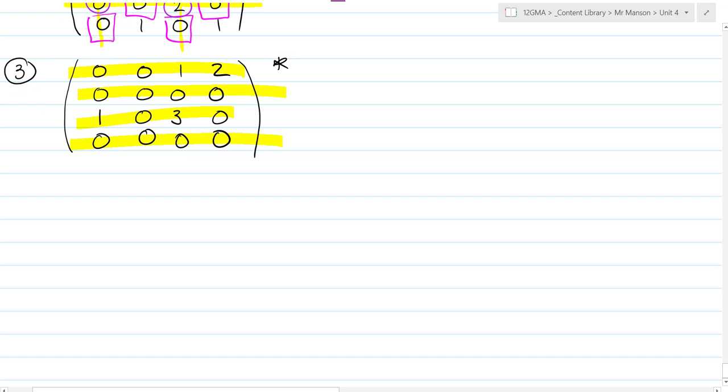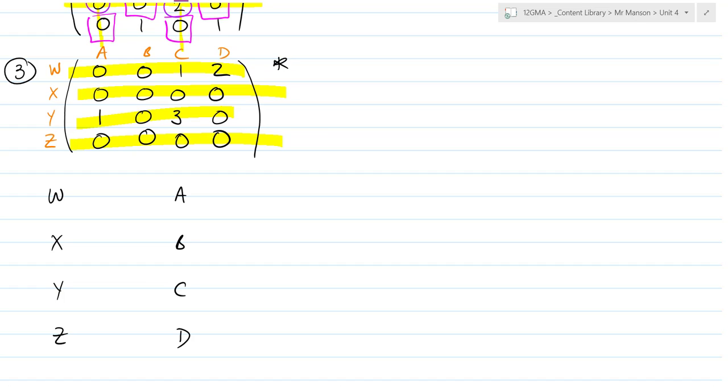And now I need to turn this into a bipartite graph. So I go back to my labels, W, X, Y, and Z, A, B, C, and D, and I'll create that bipartite graph. W, X, Y, and Z, A, B, C, and D, where every connection is based on the zeros that are available.